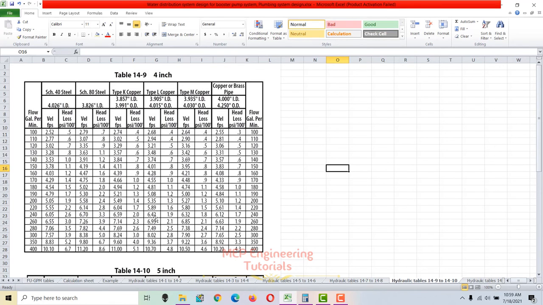This is the velocity column and this is the head loss column for copper L tubing. At 240 GPM the velocity is 6.42 and at 260 GPM the velocity is 6.95.